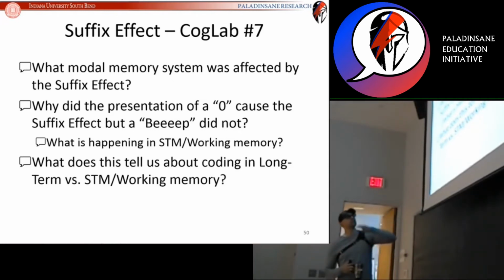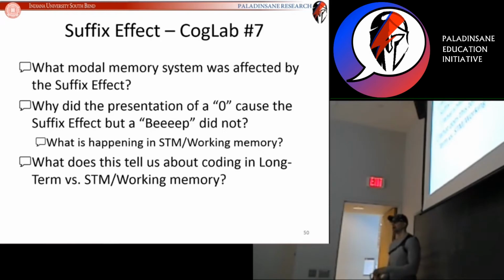But one of these things: what does this tell us about coding in long-term versus short-term working memory? What does this suffix effect tell us about how things are coded? What might be the different types of underlying structure for long-term memory versus short-term memory, or working memory?